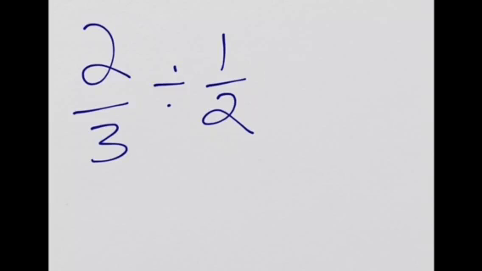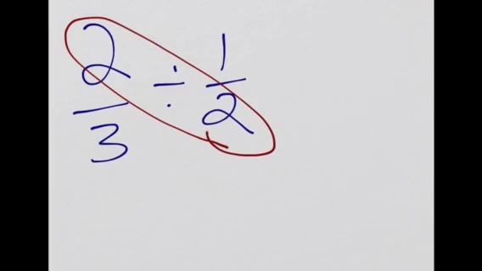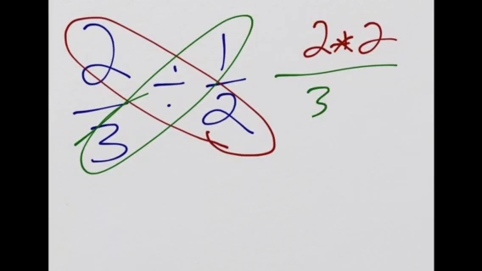Let's take another look back at that problem, 2/3 divided by 1/2. I showed you how you can multiply by the reciprocal, or multiply by 2 over 1. A common technique to make this a little faster is to instead cross-multiply. If you take 2 times 2 on top and 3 times 1 on bottom, that's really the same thing.